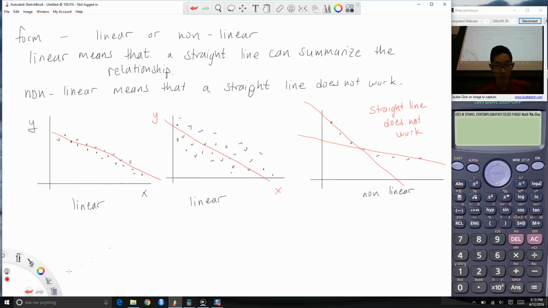For something like this, you would need a curved line that goes like this. So this would be a nonlinear thing. Anything that rises and falls, like this, would also be nonlinear because a straight line doesn't work for these.